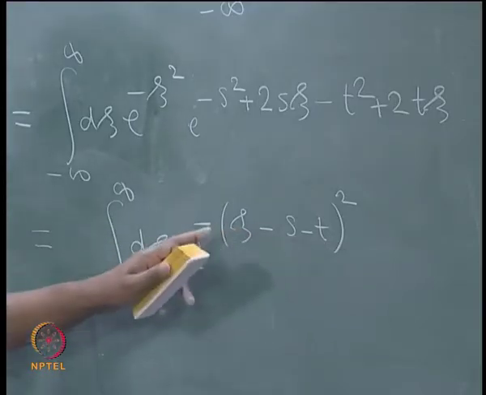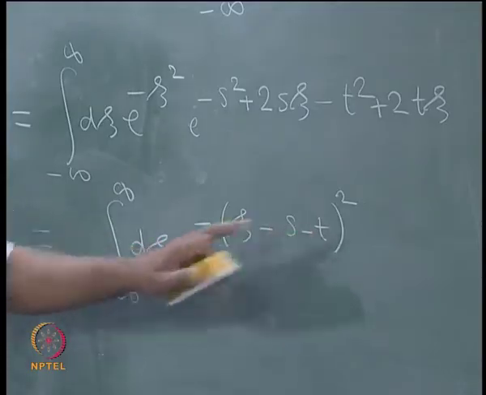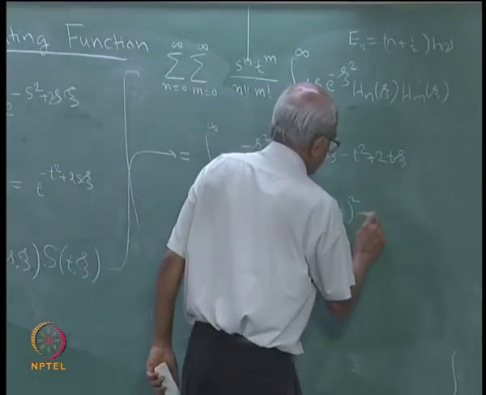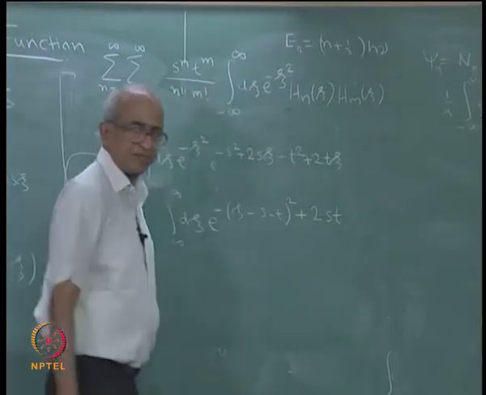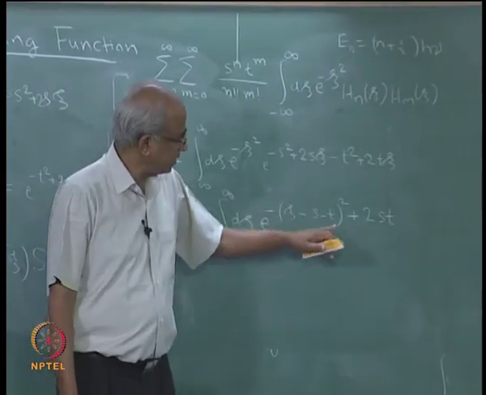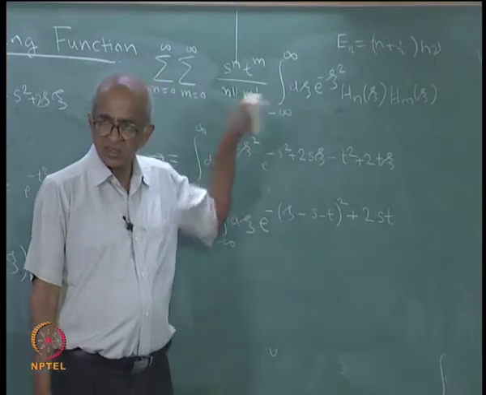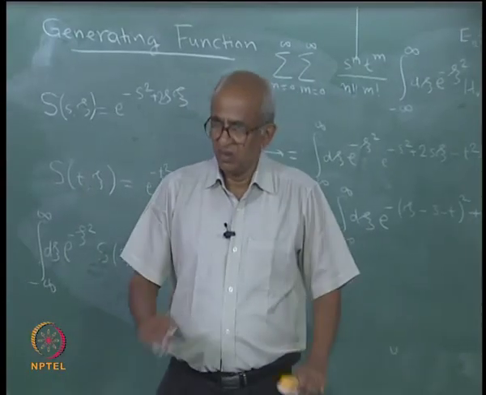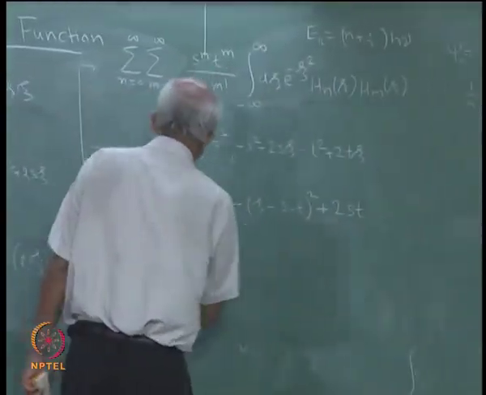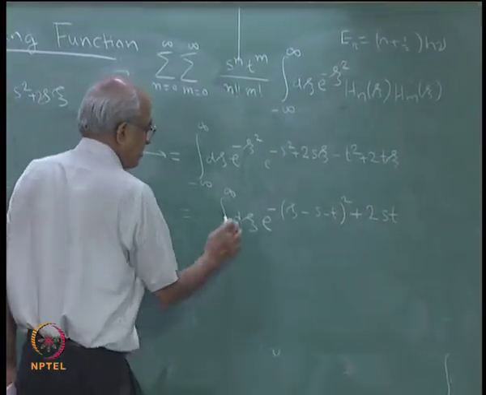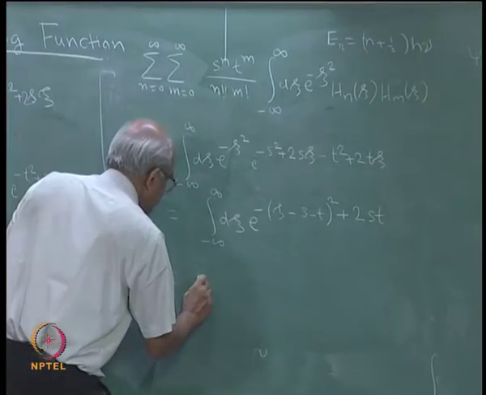So, you can write it in this form, but that is not complete. In fact, everything will be fine if you just add a 2st. The way to check that is you expand this and see that the answer is the same. And then you realize that e to the power of 2st is not dependent upon the variable of integration. So, you can take it out.